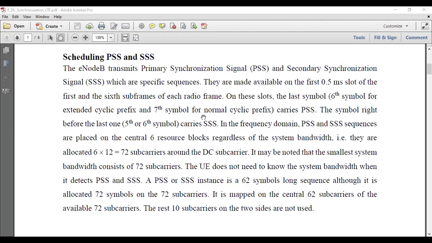You have 7 symbols normally in one slot. So the last symbol, the seventh symbol, will be used for PSS, and right before that, in the sixth symbol, you have SSS.